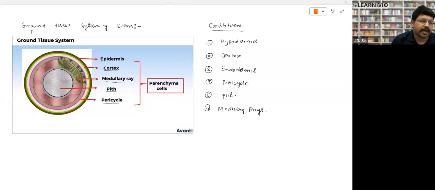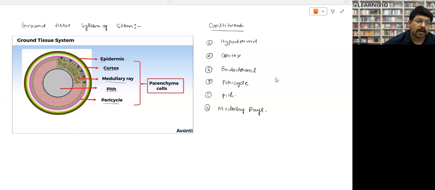The heading is ground tissue system, right? And then you have to write it down: the constituents of ground system of monocot stem.